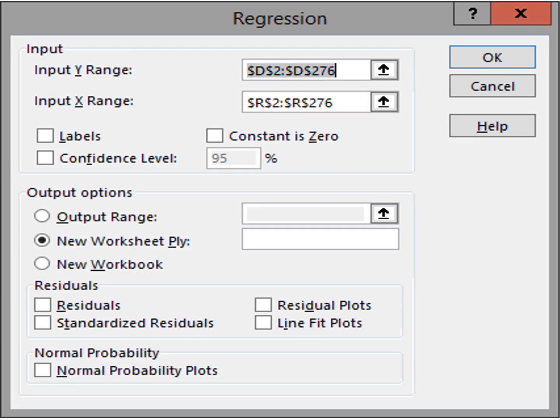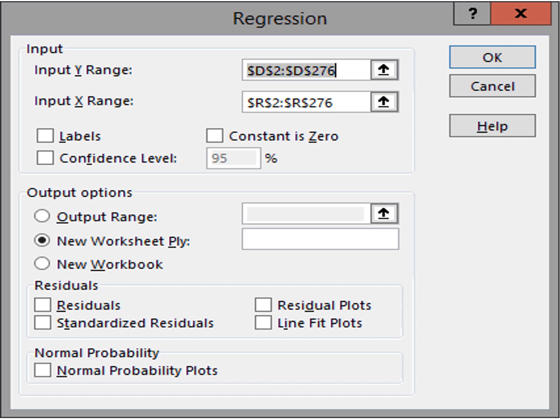So now we have two variables that we're interested in: an X variable and a Y variable. If we look at the data set, we'll see the R column corresponds to fun F, and the D column corresponds to like F. So we have to highlight those columns.